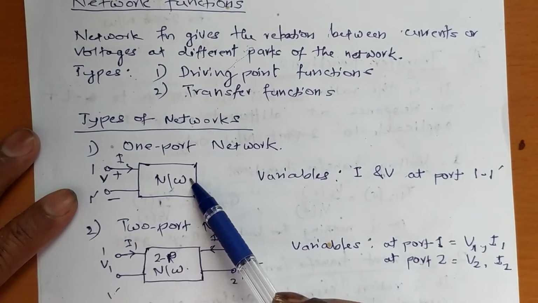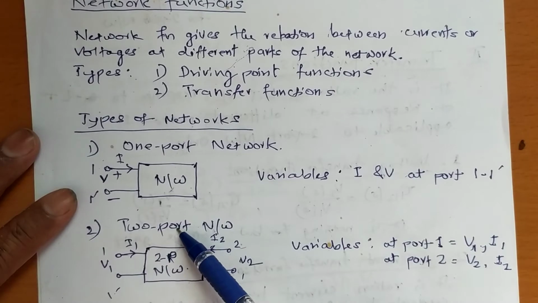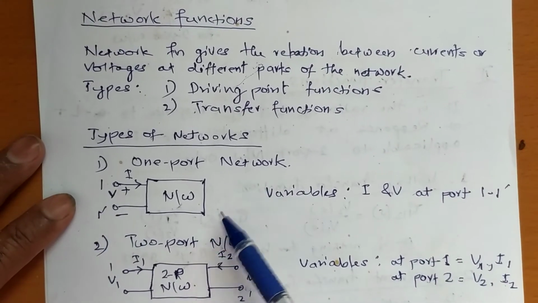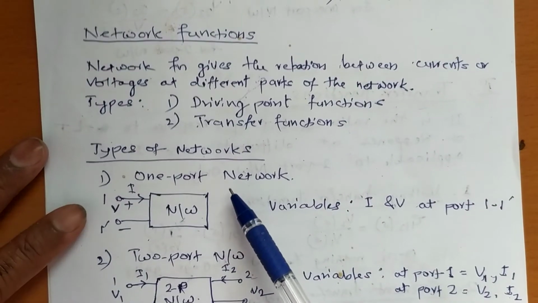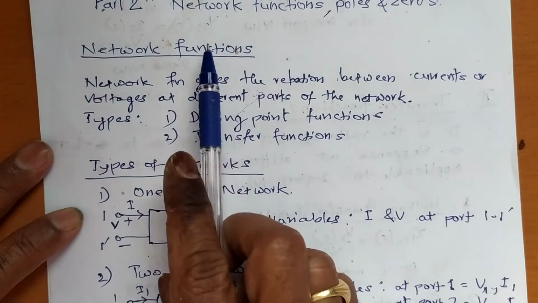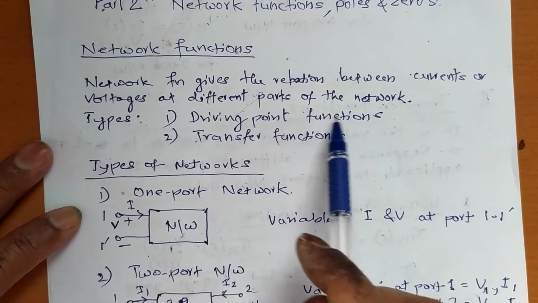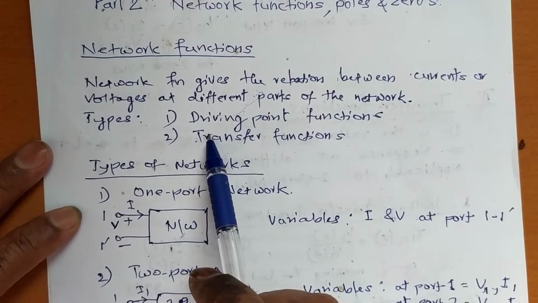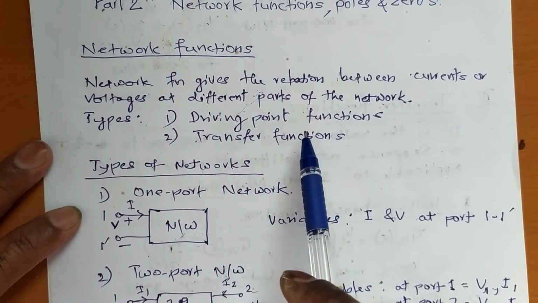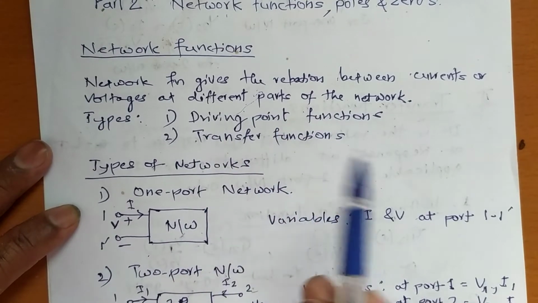As per our syllabus, there is only one-port and two-port network functions, though there could be n-port networks. And network functions are of two types: one is driving point functions, another is transfer functions.